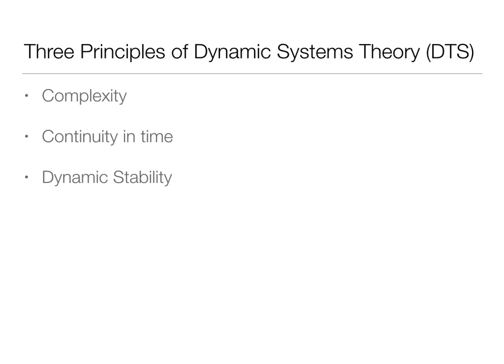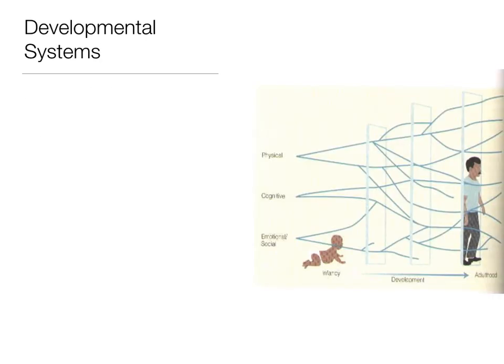So every step along the way, there's this continuity in time, and changes on one level, on an individual neuron, say, can cause changes to other areas because of that continuity in time. And the idea of dynamic stability, so that there are things that are stable that happen across development for different individuals, but they're dynamic in how they happen. And we'll talk about each of these in more detail.